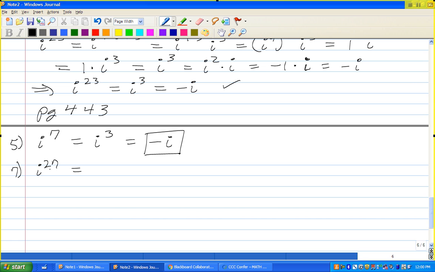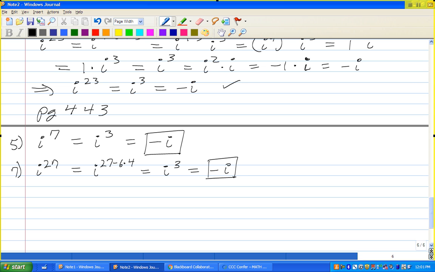So 27 minus 24. Let me just write it as 6 times 4. Having any multiple of 4 doesn't make any difference. And so this is the same as I to the 3. But I already know what I cubed is, negative I.